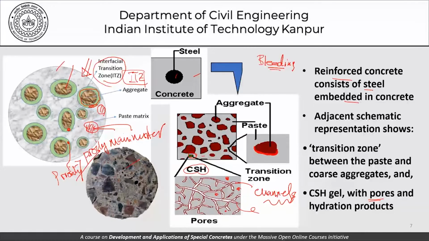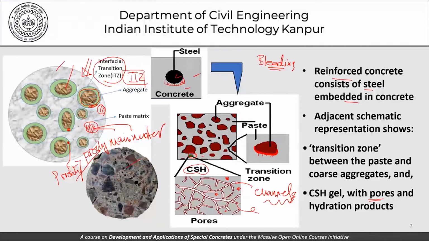Cement particles tend to settle down and water accumulates near the aggregate, at the bottom of the aggregate. In fact, this kind of phenomenon occurs even at the reinforcing bar. Here, water tends to settle, leading to a zone of weakness between the steel bar and the concrete. It's a representation of bleeding. So ITZ is a form of bleeding. That's what we have as far as concrete is concerned.